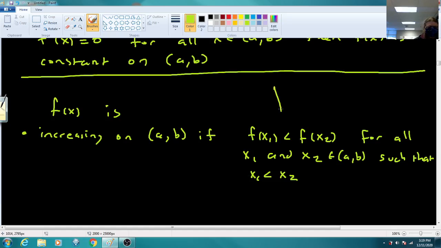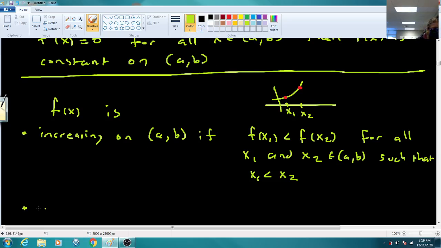That would mean it's some sort of shape like that, where for any point, if x1 is to the left of x2, then x1's y value will be here, and x2's y value will be bigger. And as long as x1's on the left of x2, x1's y value will be smaller than x2's y value.